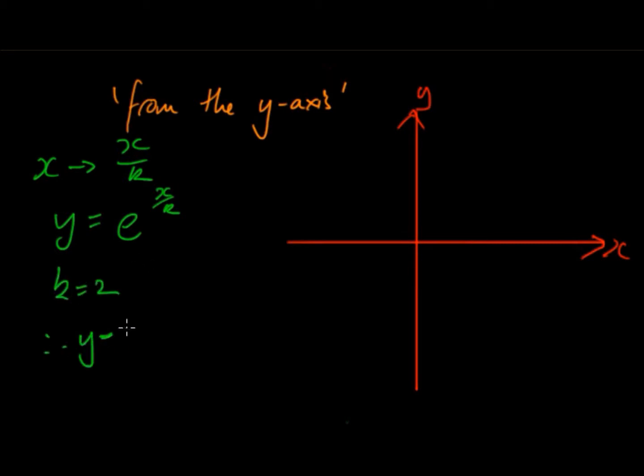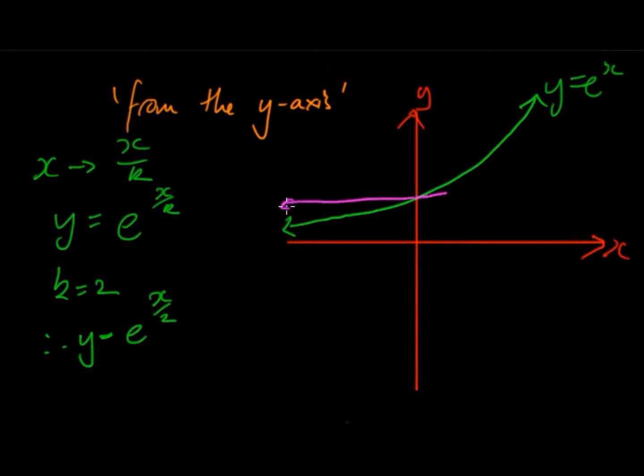Therefore, y is equal to e to the x on 2. Now, the general shape of the equation looks like that. So that's y is equal to e to the x. But then y is equal to e to the x on 2 is going to look like this. So that's y is equal to e to the x on 2.